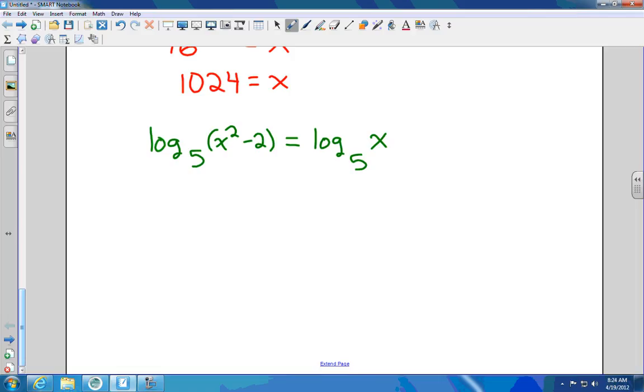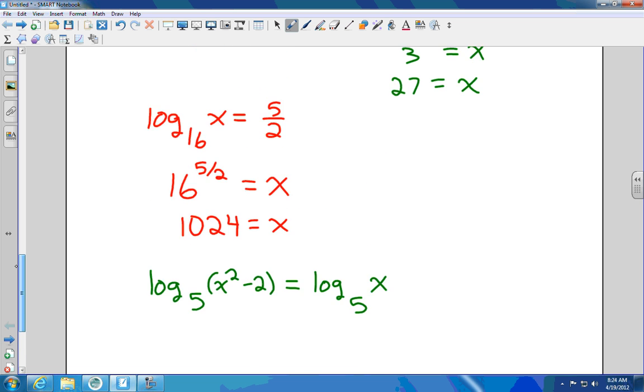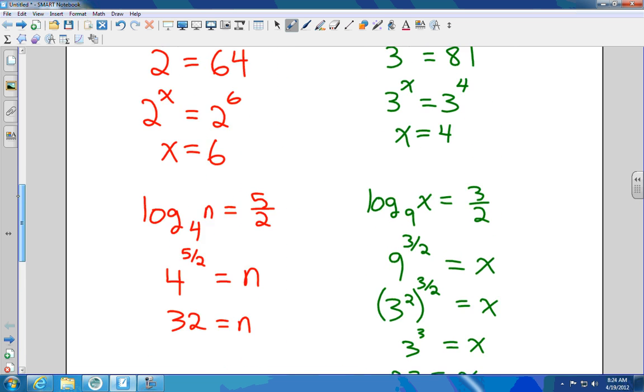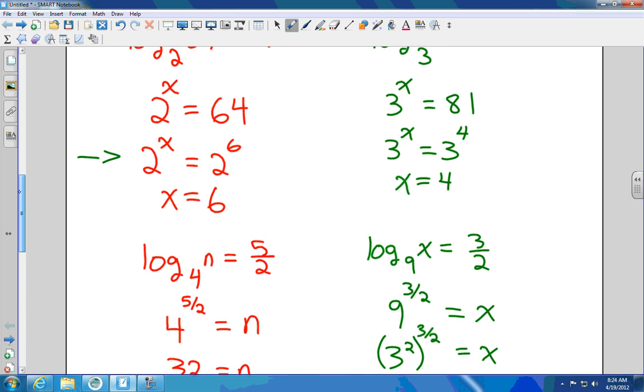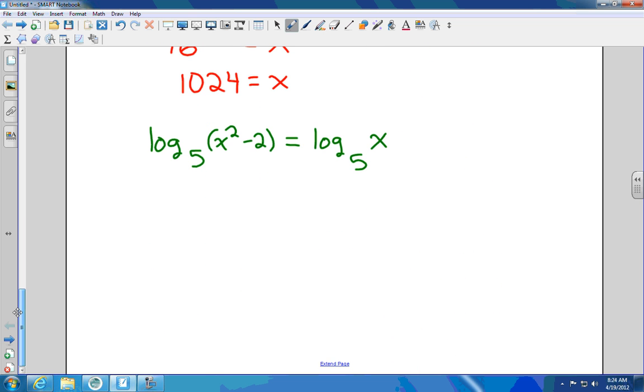So when we were doing exponential functions or equations last time, we actually have an example up here. When those bases are the same, what can you do with the exponents? You set them equal. You can apply that same principle to this. We have log base 5, log base 5. So your logs are the same. So you can set these two parts equal to each other.